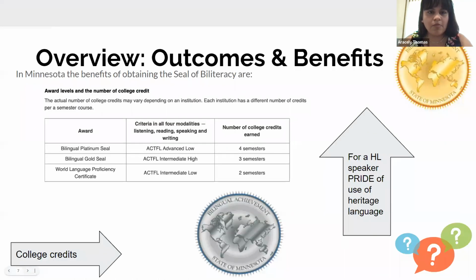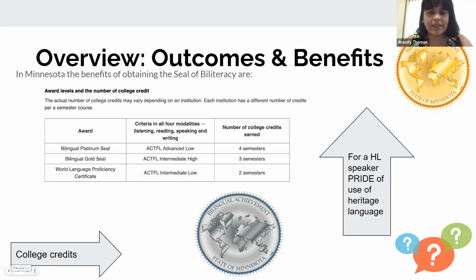So, as an overview and outcomes and benefits of the Seal of Biliteracy here in Minnesota: the award levels and the number of college credits depend on the institution. The seal, in the broader legislation in which it sits, known as the LEAPS Act, was widely described as an attempt to reframe deficit discourses surrounding heritage language learners in the state.